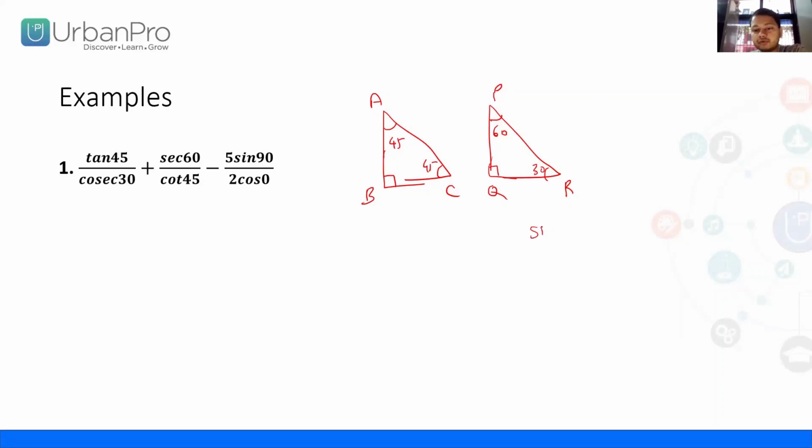As I told you, sine 30 we have to memorize as 1 by 2. So the opposite of 30 is 1 and hypotenuse is 2, because sine is opposite by hypotenuse, and the remaining side will be root 3 by Pythagoras theorem. And here it is an isosceles triangle, so both these sides are equal. So we take it as 1, and by Pythagoras theorem, AC we will get as root 2.